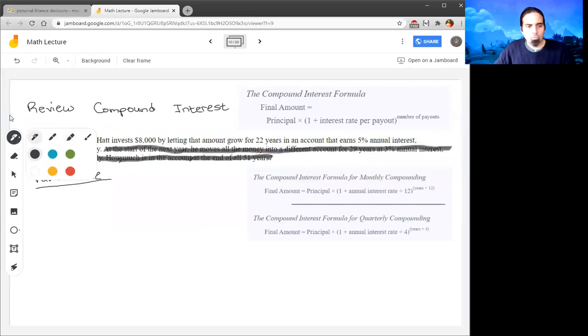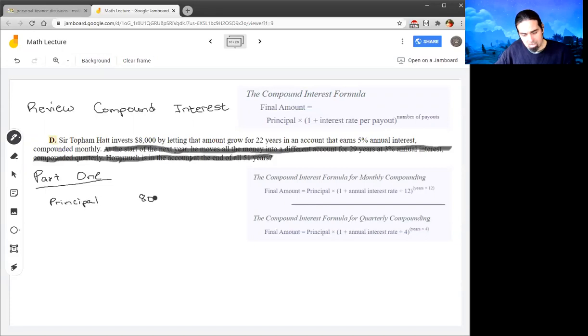Okay, for compound interest, it really helps to identify all the different things. So the principal is 8,000. The rate per payout: we have to take that 5%, that 0.05, and share it monthly.